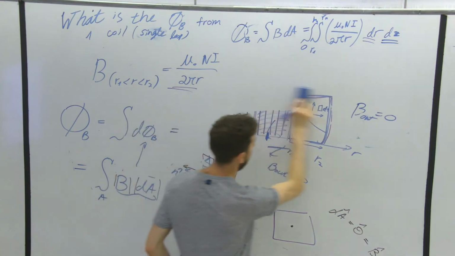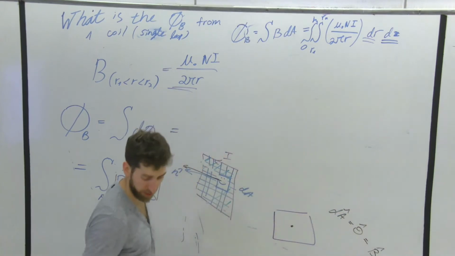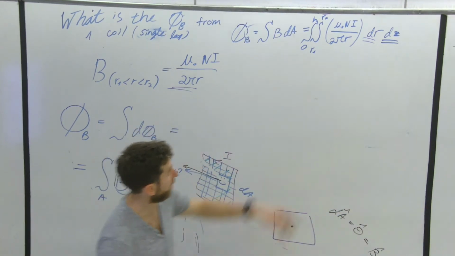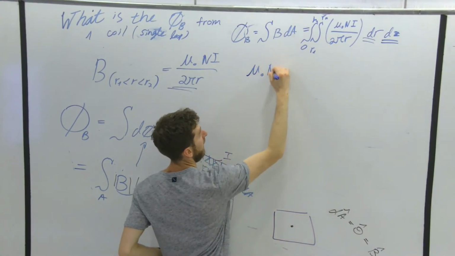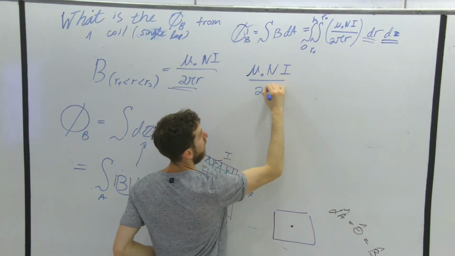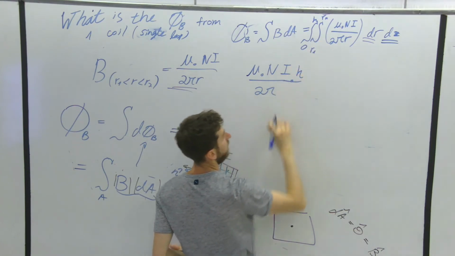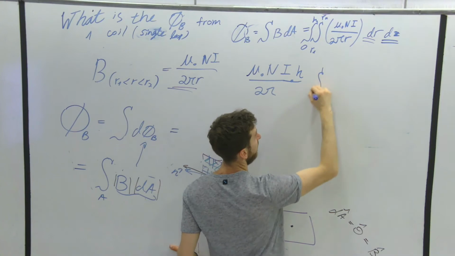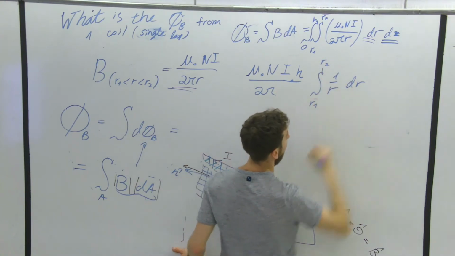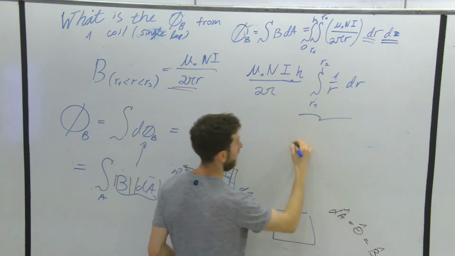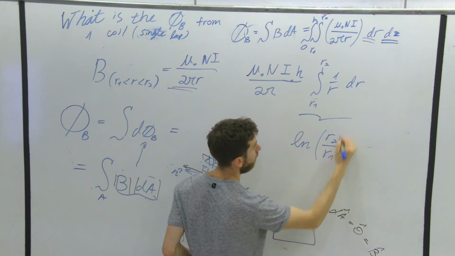I cleaned this one. And we have a lot of constants we can take out, not changing in R and Z, which are mu0, I, and 2 pi. Also Z, so I can already multiply by h. And I do have an integral of 1 over R, from R1 to R2, dr. And this one is ln of R2 divided by R1.